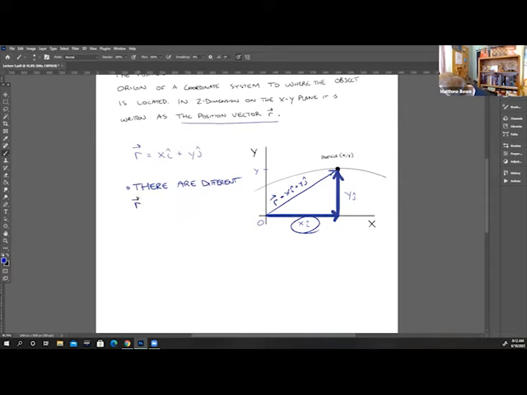Position vectors are vectors for every single point on this particle's trajectory.